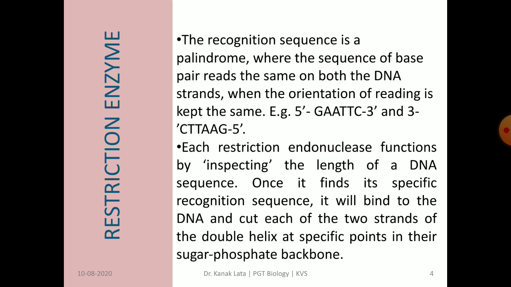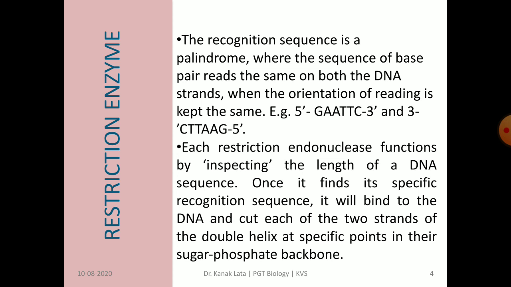The recognition sequence of each restriction nuclease consists of a definite number of specific base pairs in a DNA double helix. It is called a palindromic nucleotide sequence. Palindromic sequence means the sequence of base pairs reads the same on both DNA strands when the orientation of reading is kept the same.